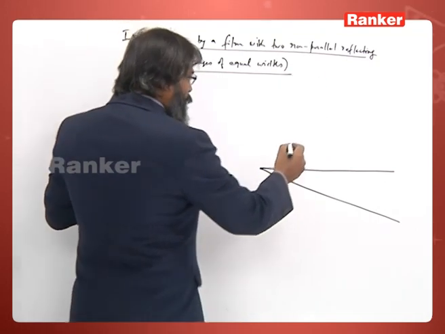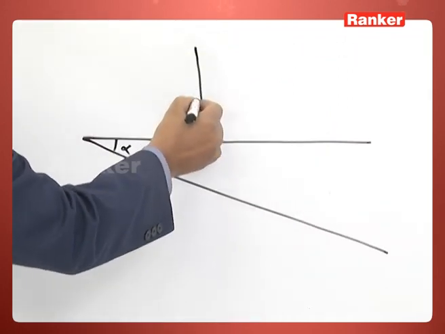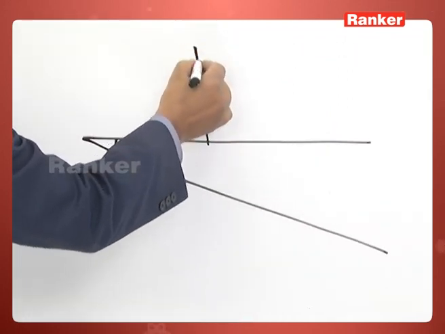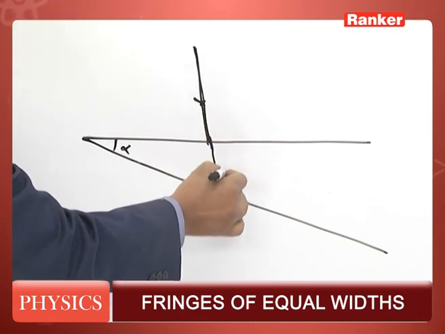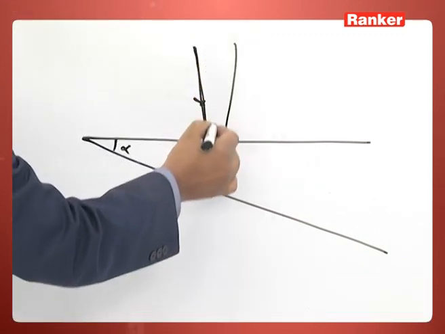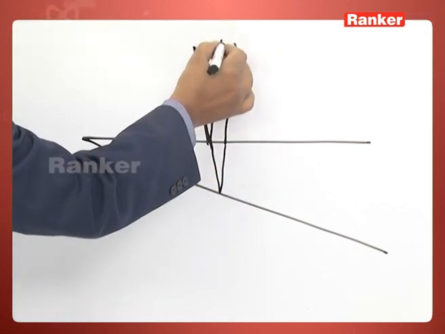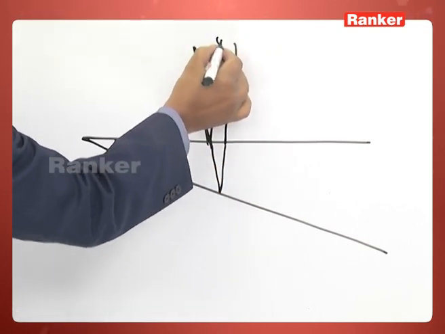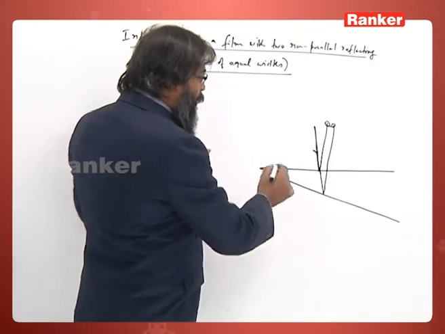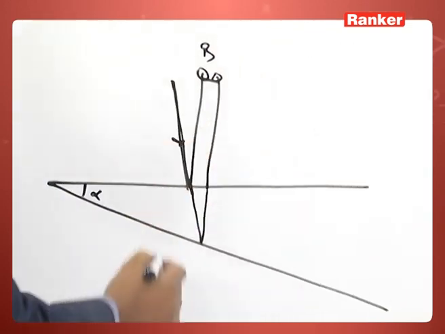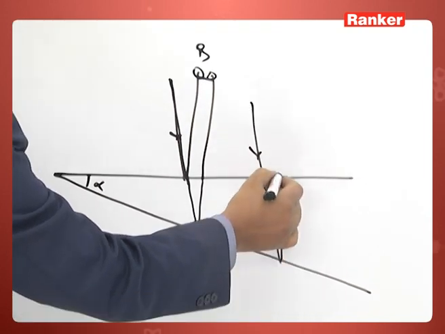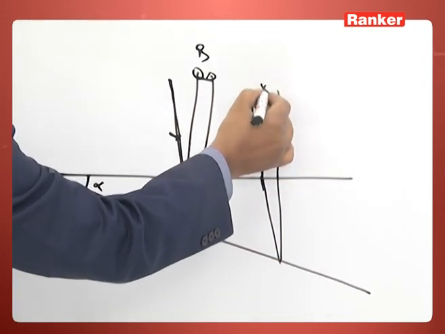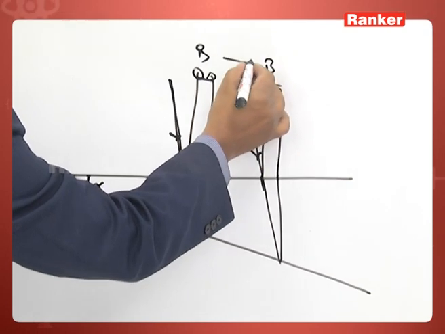So what we do is, here a ray is incident near normally, it gets reflected and again here these two waves are going to interfere. So suppose here there is a brightness, then at another location these two rays are going to interfere and there will be again brightness.